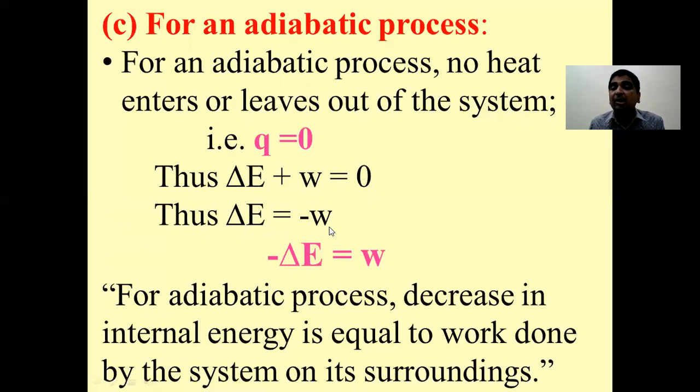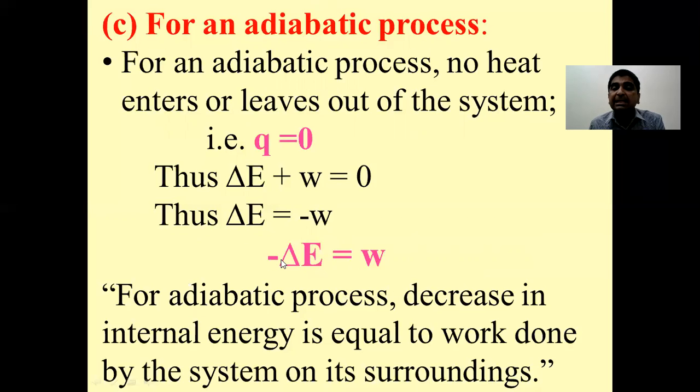And what does it mean? Simply, delta E is equal to minus W, or minus W is equal to delta E. If we bring this minus sign to this side, this W will be positive and this delta E will be negative. So for adiabatic process, what is the conclusion of this mathematical statement?